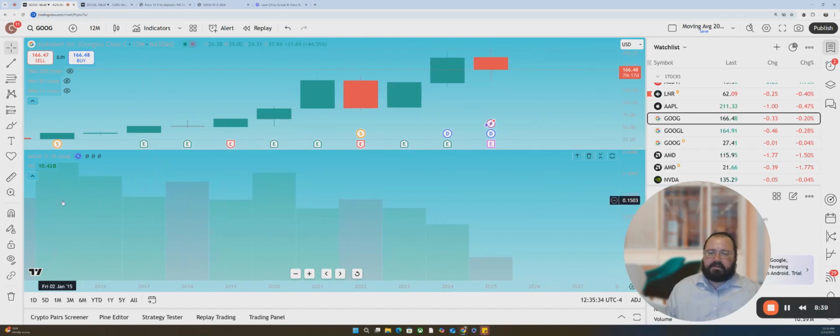We'll start looking at 2015 and so on. And you could see that GOOG had in 2015 about 10.5 billion trades. 2016 about 9 billion, and so on.